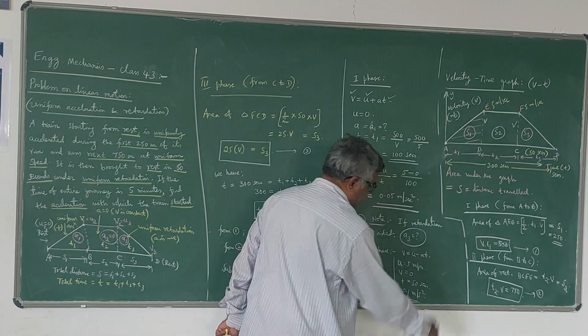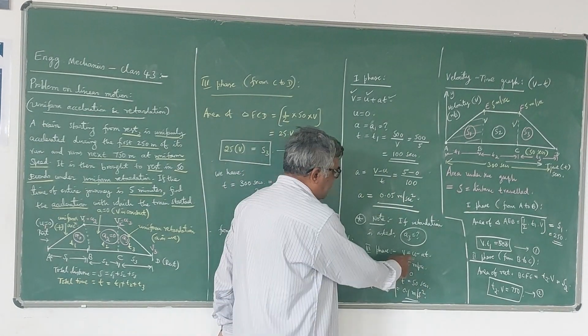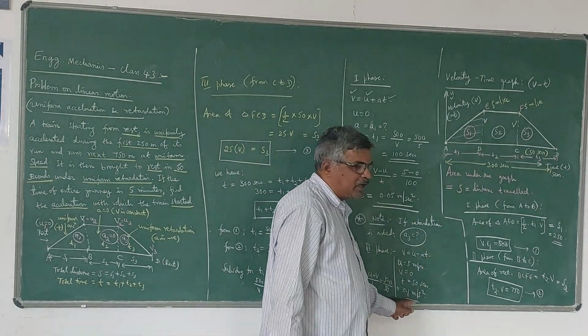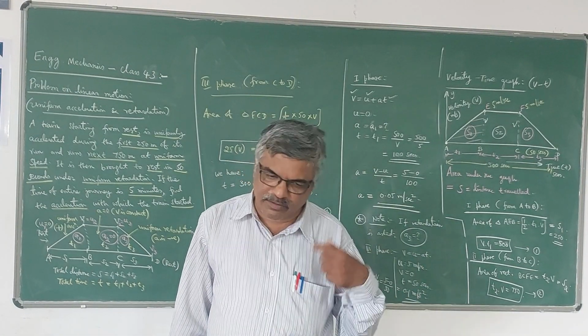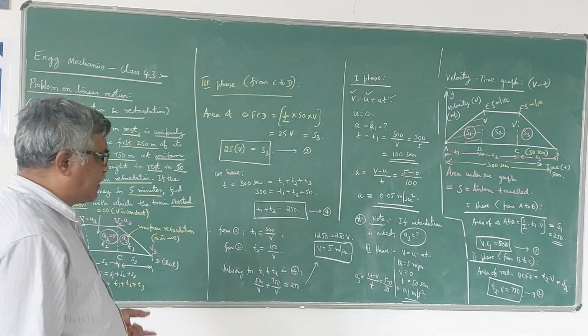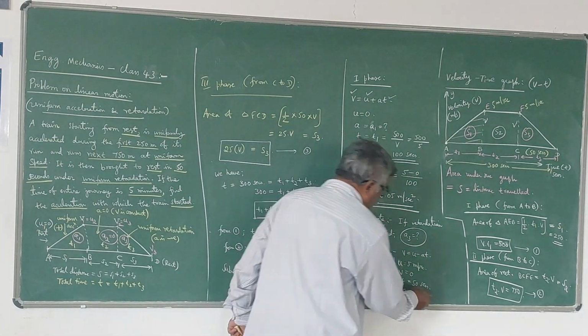This is retardation. Okay, I have used minus here. That is why it is retardation. If you use plus here, then you will get minus 0.1 meter per second square, which means the negative value. If the acceleration is negative, it is retardation, it is understood. So this is how we have to do the problem.